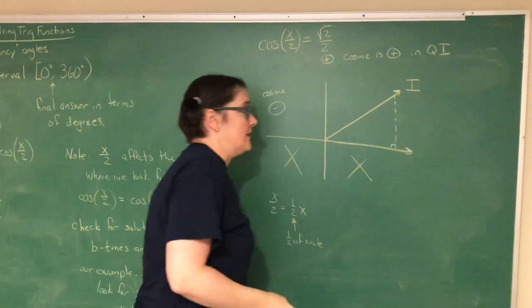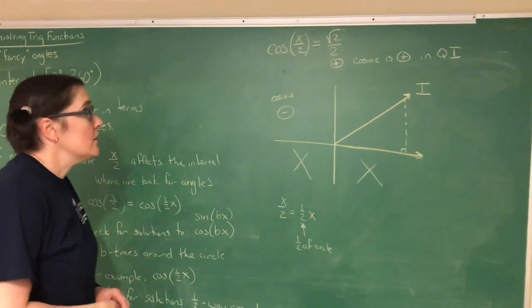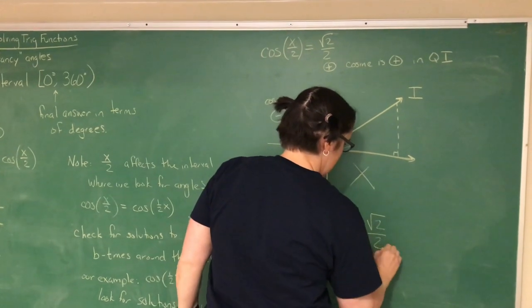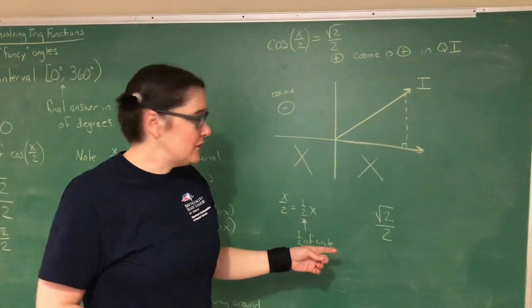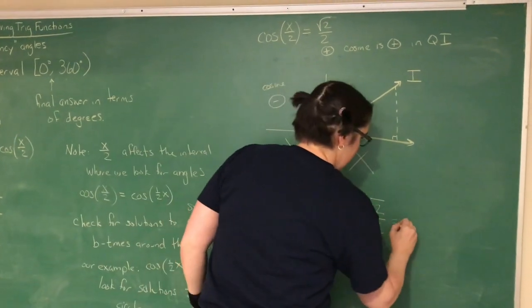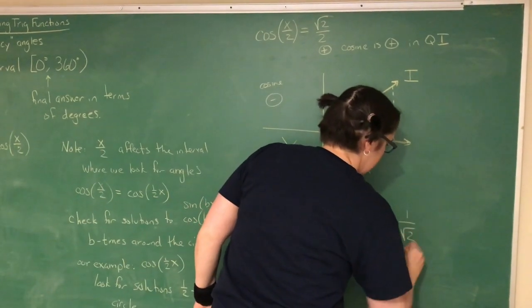That means that we really only have one angle that we're looking for in this particular example. Okay, so our value is root 2 over 2. And when I see root 2 over 2, I recognize that is the rationalized version of 1 over root 2.